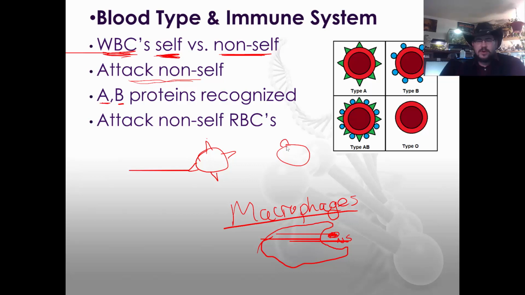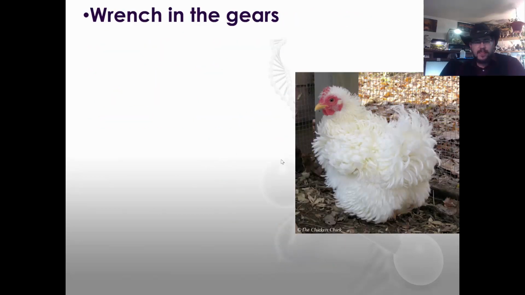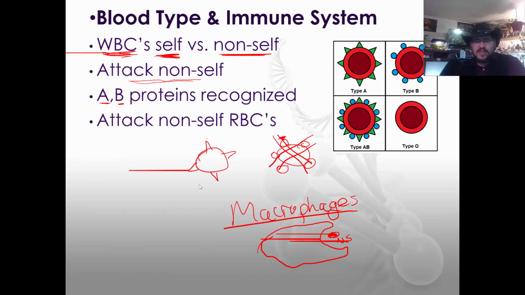And then if somebody gives you a transfusion and you get some type B blood in there, your macrophage rolls over here and goes, whoa, what is this? No, thank you, please. And it attacks the B blood cells. So that's why your type A, type B, AB, and O are so important, which is pretty cool.